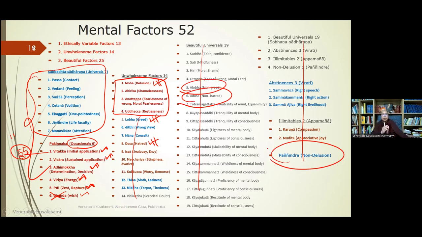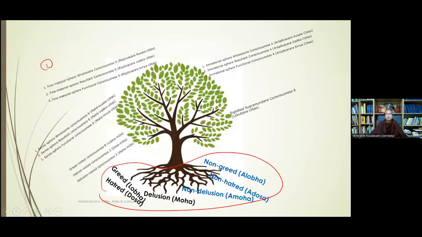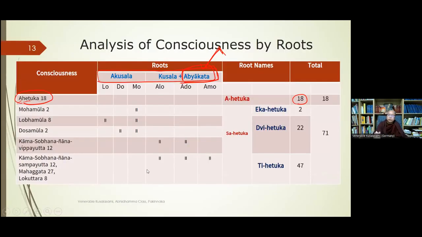So when you look at the 18 rootless consciousness, you cannot find any roots. That's why it is called ahetuka. Got it? Okay. If you understand, this is the main technique for how to see that.